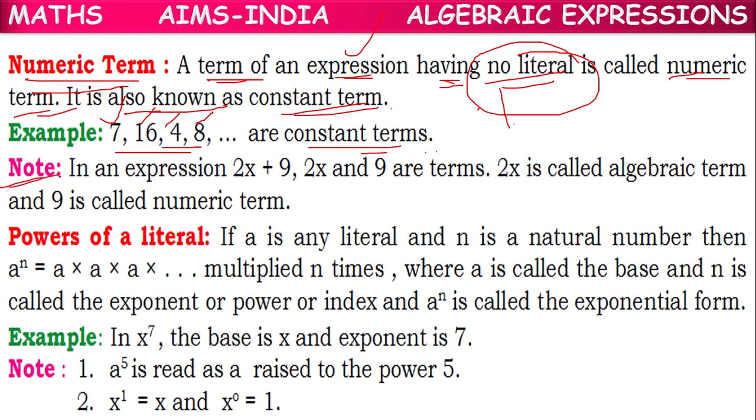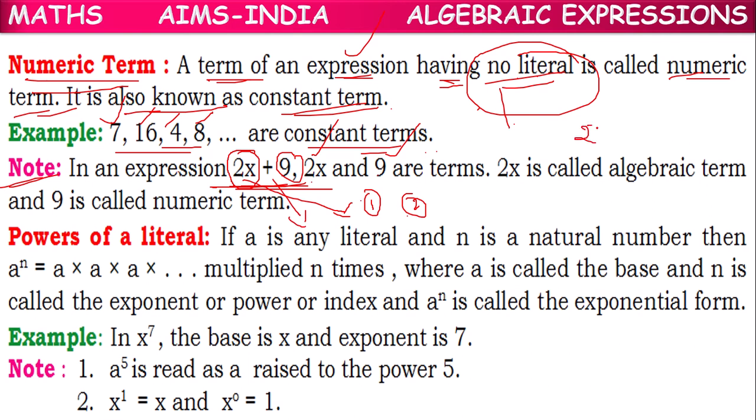Next. So, in the expression 2x plus 9, this 2x is one term because it's a product of numerical and literal. So, it is considered as one term, and this 9 is considered as second term. So, in this expression, we have two terms. They are 2x and 9 combined by plus operator.